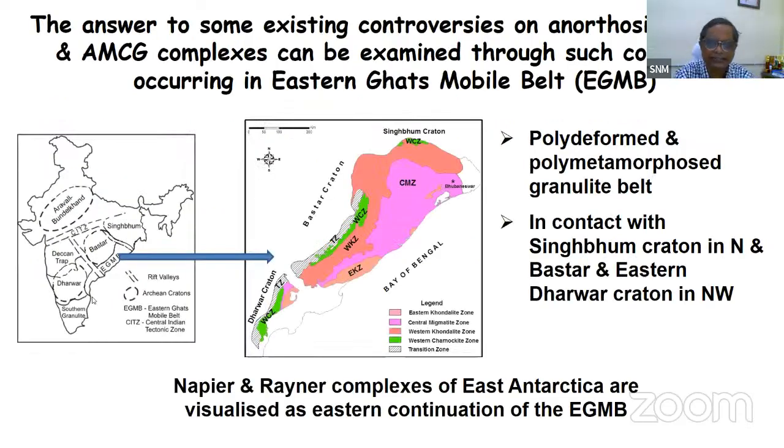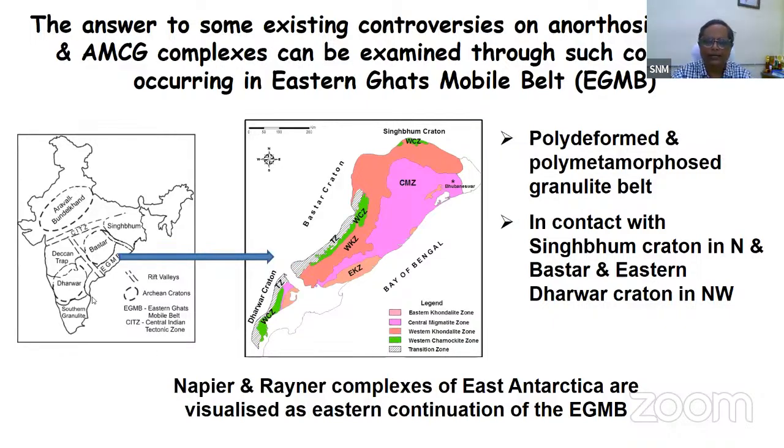So in this case, I would like to bring your kind attention to the work that we have carried out in the context of Orissa. This is a map of the Eastern Ghats mobile belt, a lithotectonic map, that is the main work of our Jayananda sir and his co-associates.